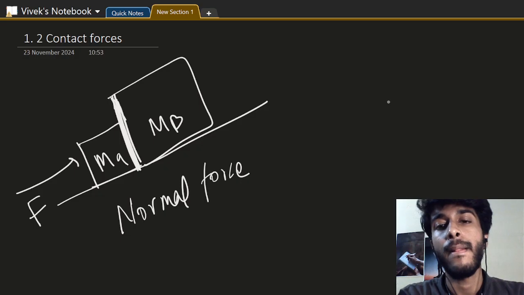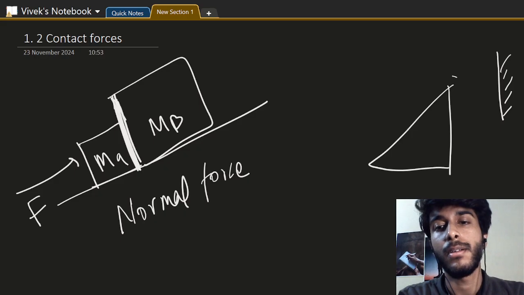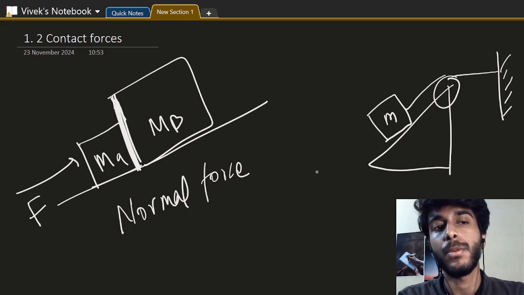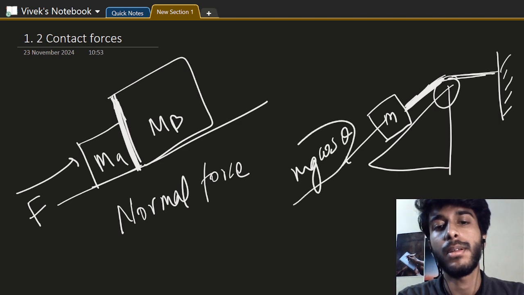Similarly, let us take another example. There is a wall, a base is there, a string is attached, and a mass m is there. So there must be certain tension on this string, because here mg cos theta force is applied. We will discuss it later.